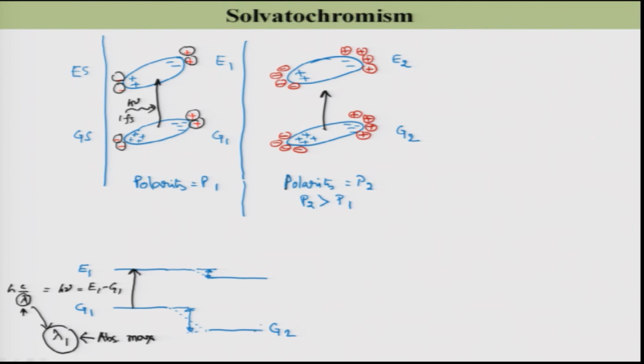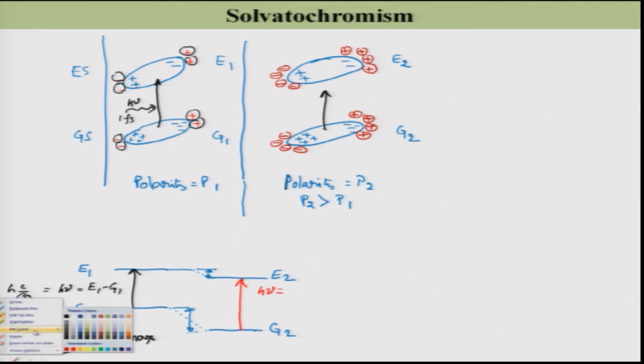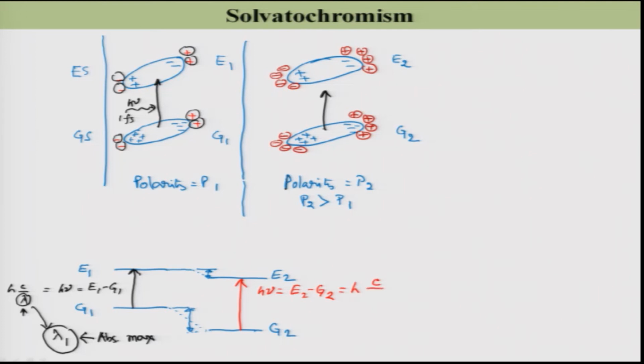So, now when you measure the absorption spectra, in this case what you are going to see is this much of transition. This transition h nu equals E2 minus G2, which is c by lambda 2.